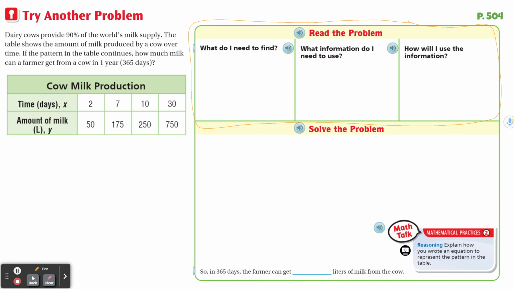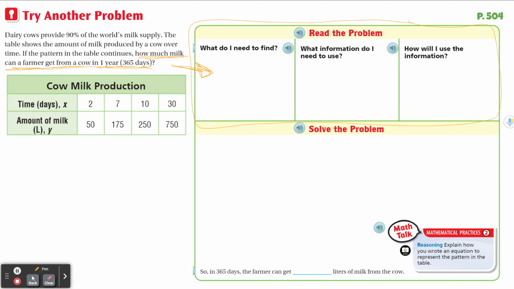All right, so the first thing we need to do is, what do I need to find? So what are we trying to find? So we want to find how much milk the farmer can get in 1 year. And again, I'm just going to draw an arrow for the sake of time. I'm not going to rewrite all of that.